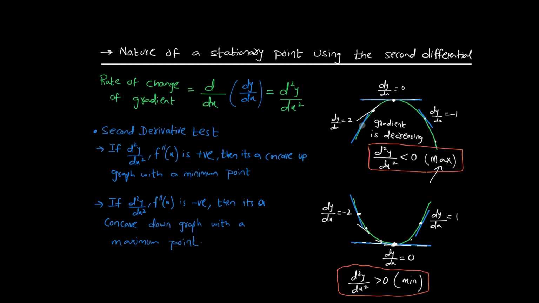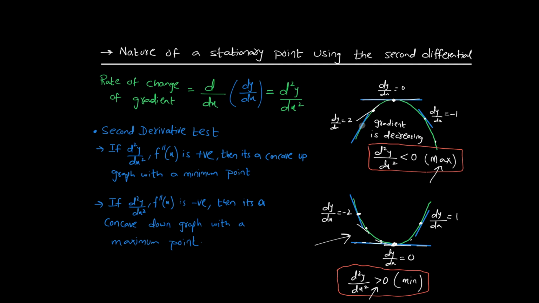So the rate of change of the gradient is positive because the gradient is increasing. So d square y over dx square, the rate of change of the gradient, is positive, and if that is the case, then we can see that the graph obtained is a minimum curve.